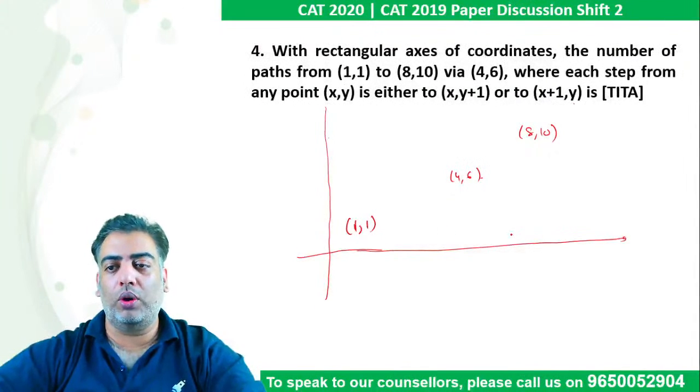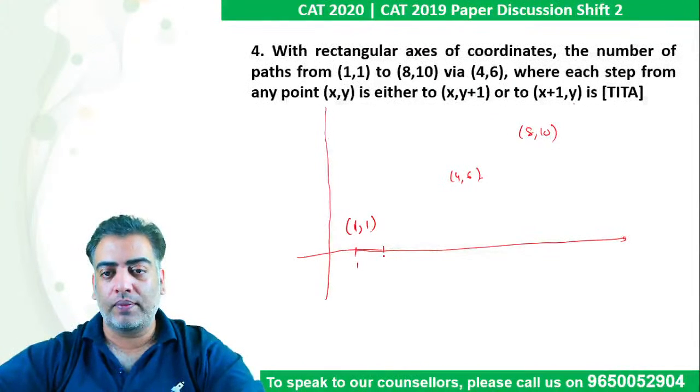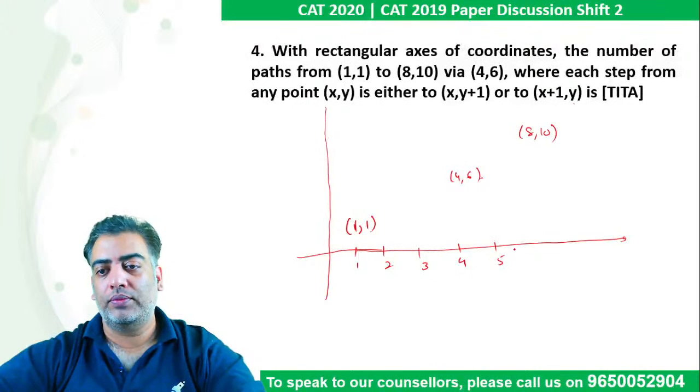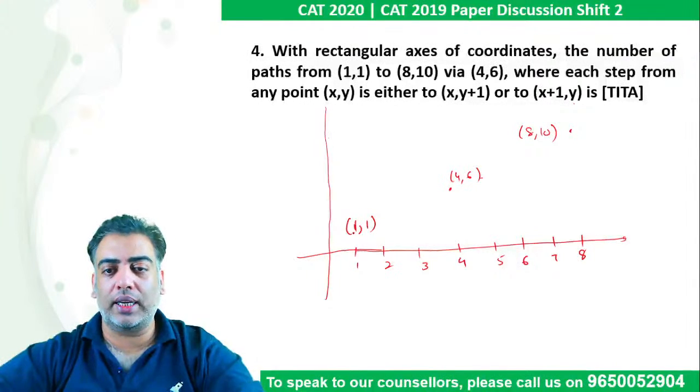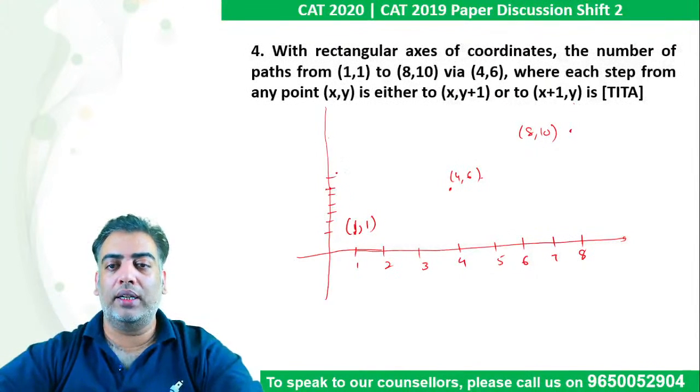So if we plot all these values, let it be 1, 2, 3, 4, 5, 6, 7 and 8. So let's say this point is (8,10) and this point is (4,6) and this point is (1,1). Likewise, we can split it here 1, 2, 3, 4, 5, 6 and then it is 7 and 8 somewhere here. Alright. So I'm just dividing it in those many parts to solve it.